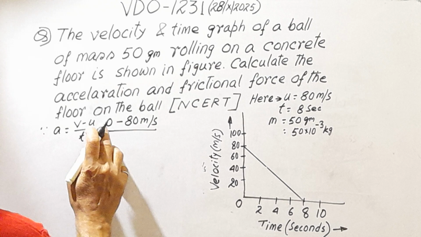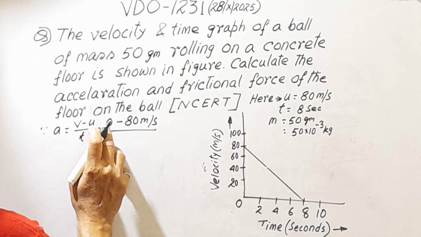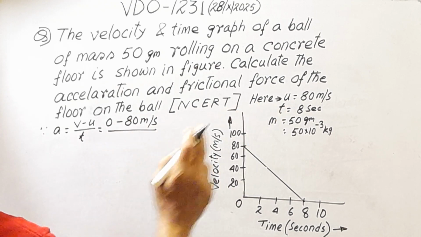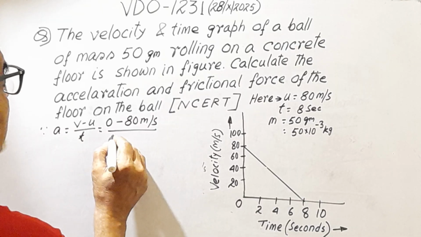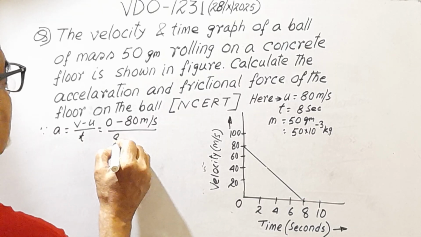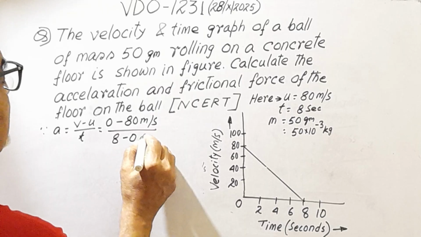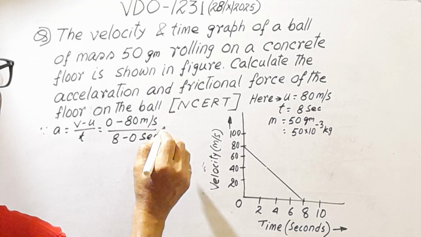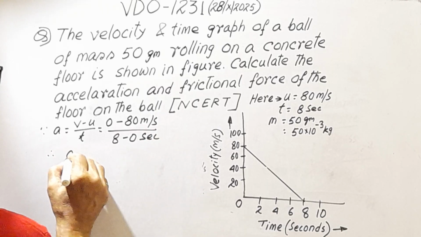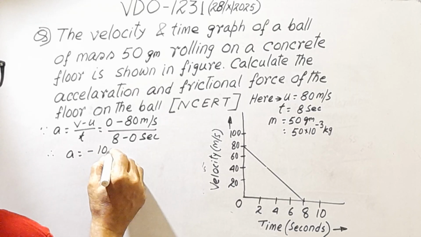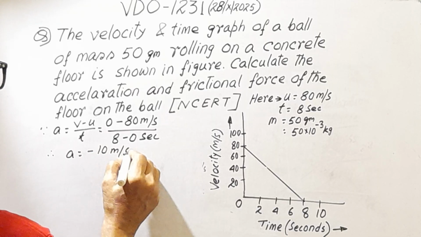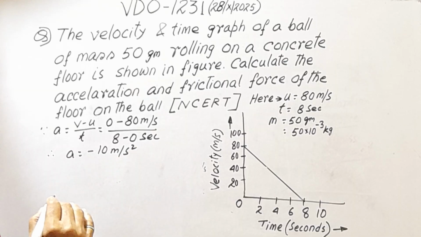See, initial speed 80 meter per second, v equal to 0, so I have written v 0, and the time is 8 minus 0, it is 8 second. Clear? Therefore acceleration equal to minus 10 meter per second square, simply.